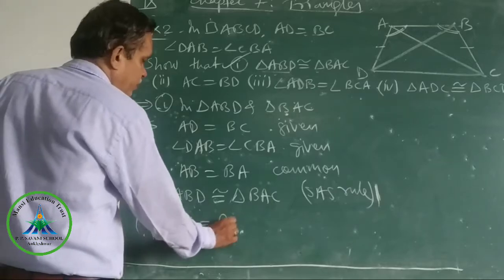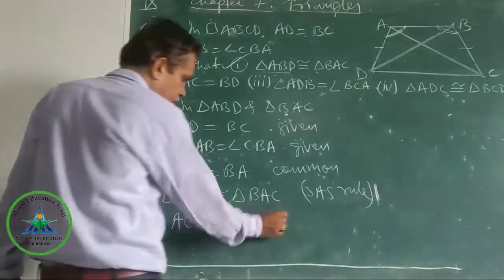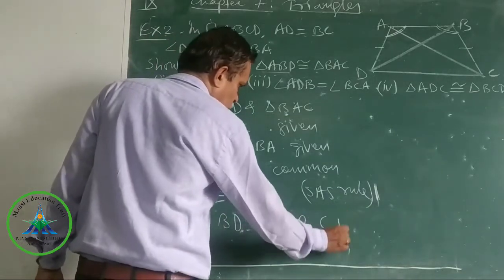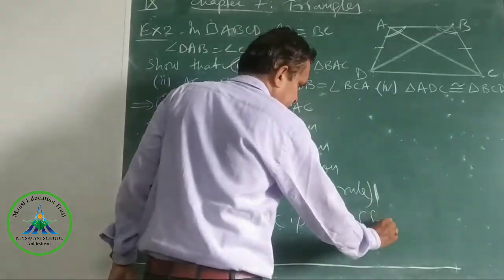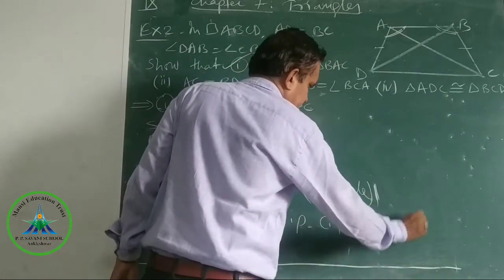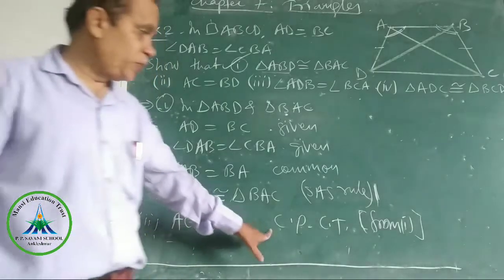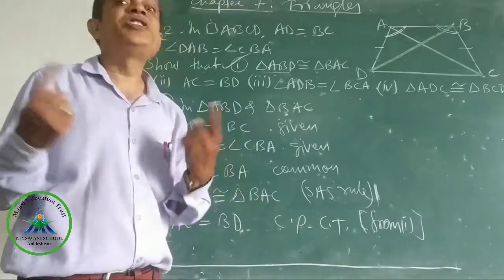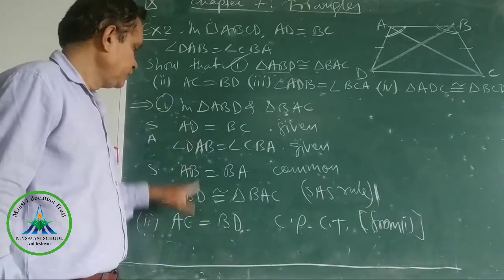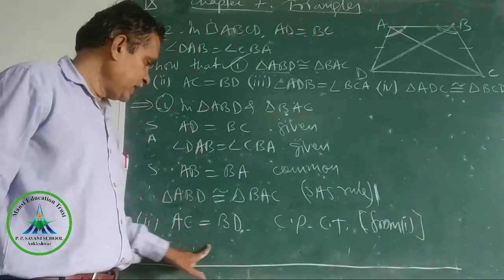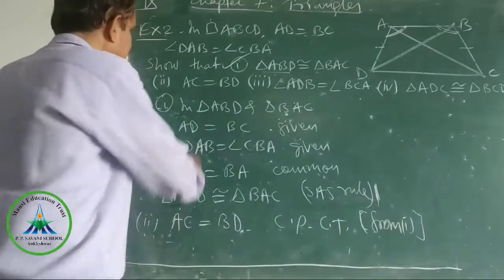What support will you give directly? Corresponding parts of congruent triangles, from the first. You have to write triangle ABD congruent to triangle BAC.